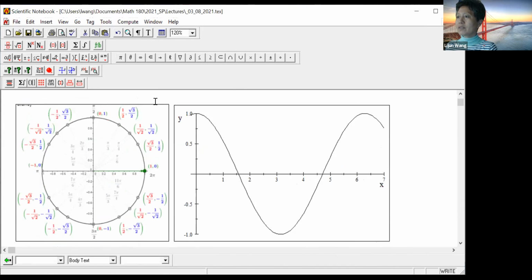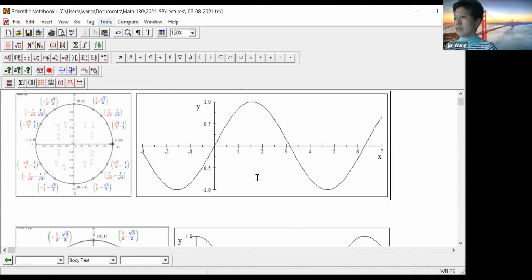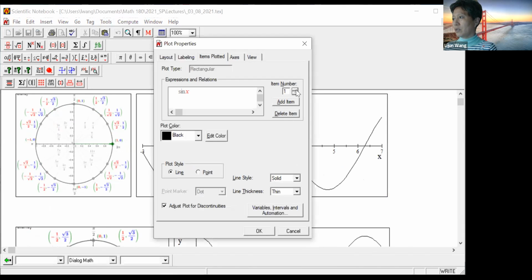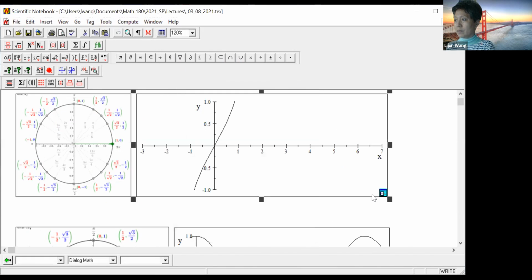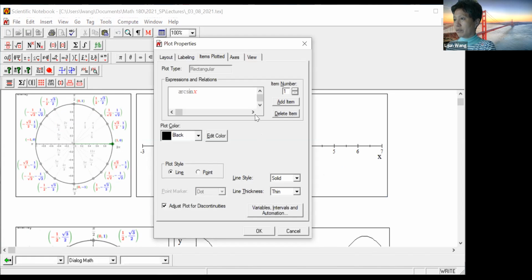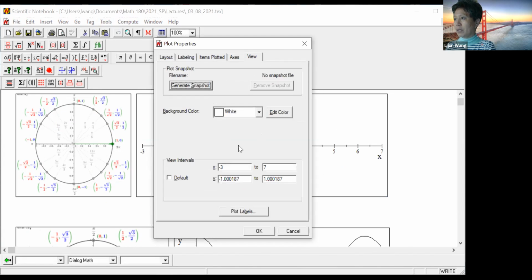Okay. Suppose this curve is not a sine curve, it's arc sine. So I'm gonna move this, become arc sine. Okay, so we have this curve. I'm gonna make some adjustment.